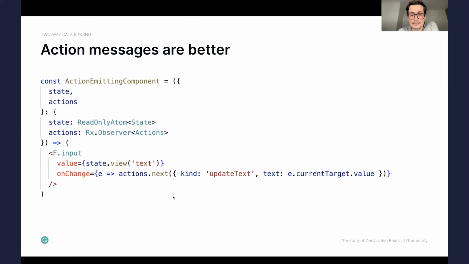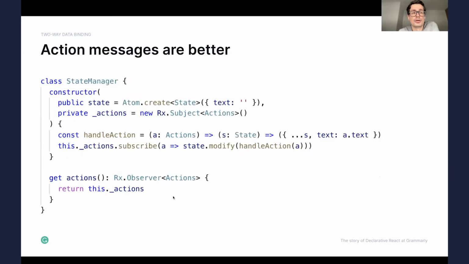And now we need to have some place where we connect those two things together. Usually what we do is create some state manager or a model, or we call it different names, but it's basically some place in the application that connects actions to state.